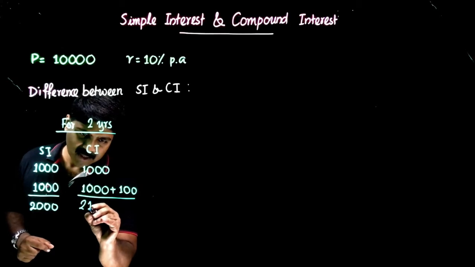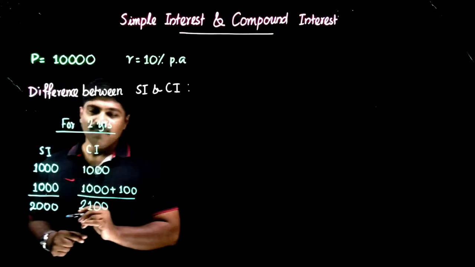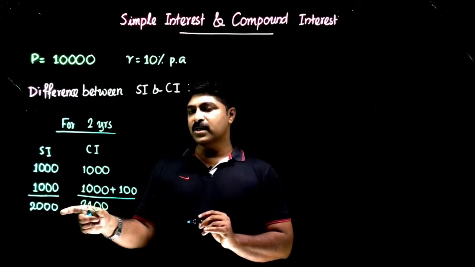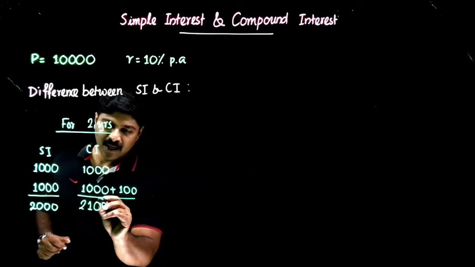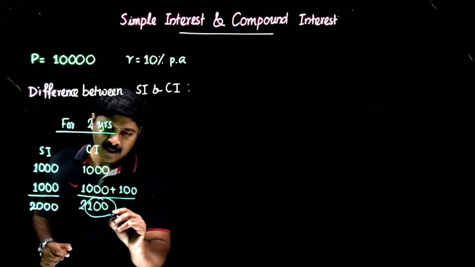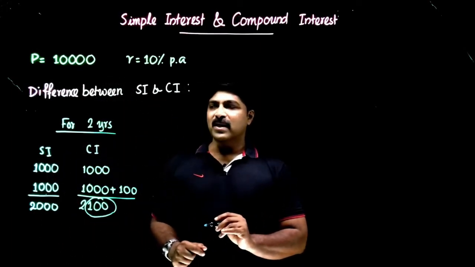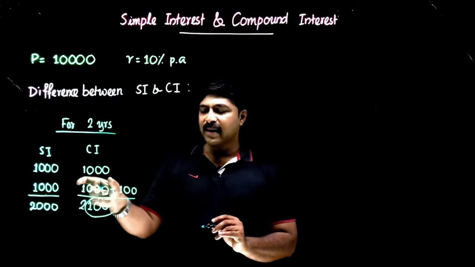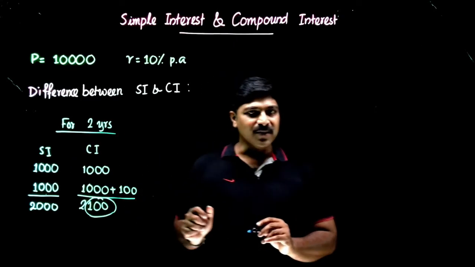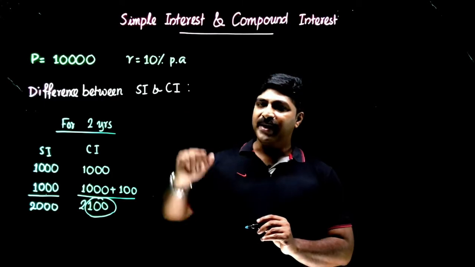This is 2,100. What is the difference between simple interest and compound interest during this period of 2 years? That is simply this 100. Got it? 100 rupees. So we can easily get this result with the help of this type of illustration, because here the quantities are quite convenient.